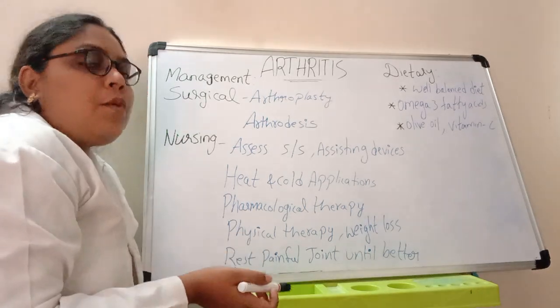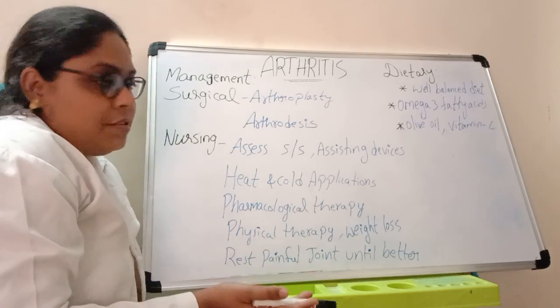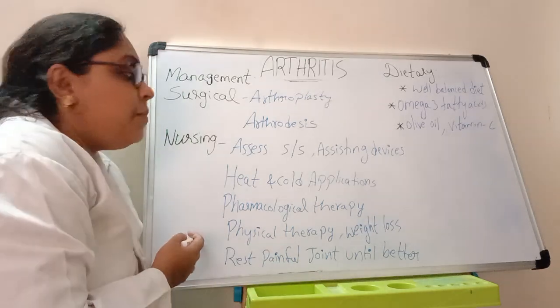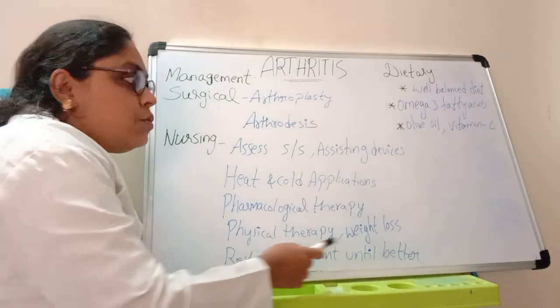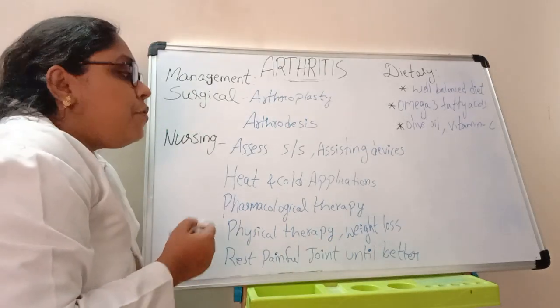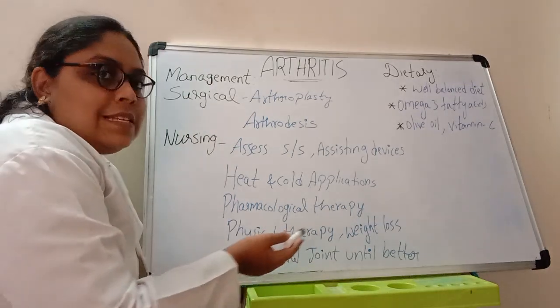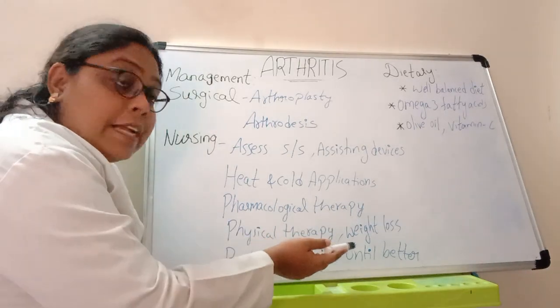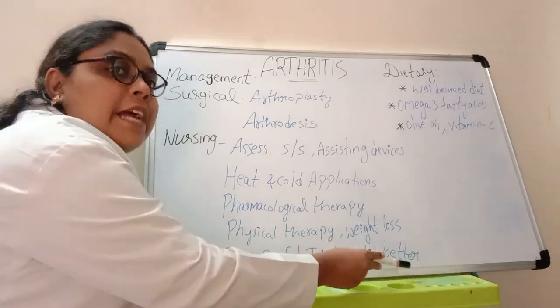These aerobics help to reduce the stress over the joints. So you have to educate them about weight loss. For obese patients, you have to encourage them to control their weight by doing all these exercises and also controlling their diet. And next, rest painful joint until it gets better.